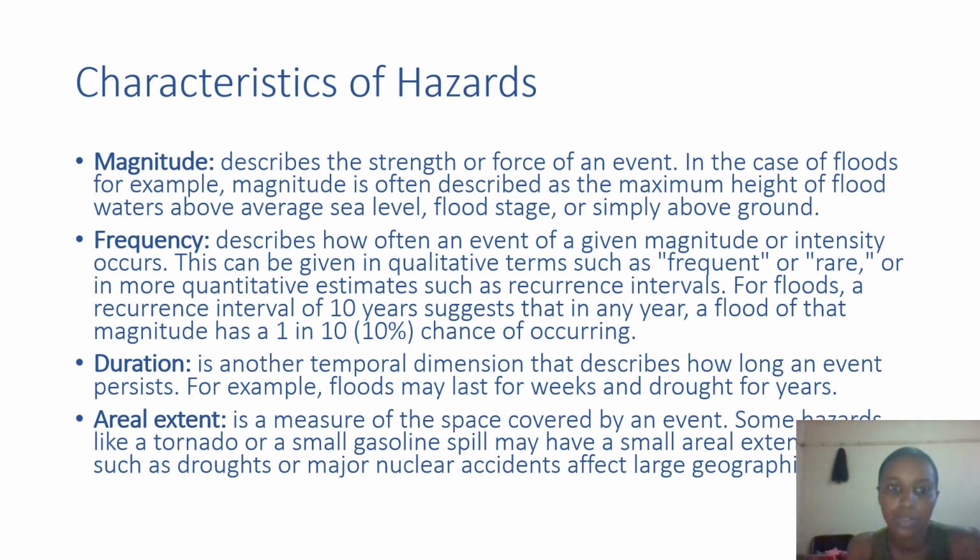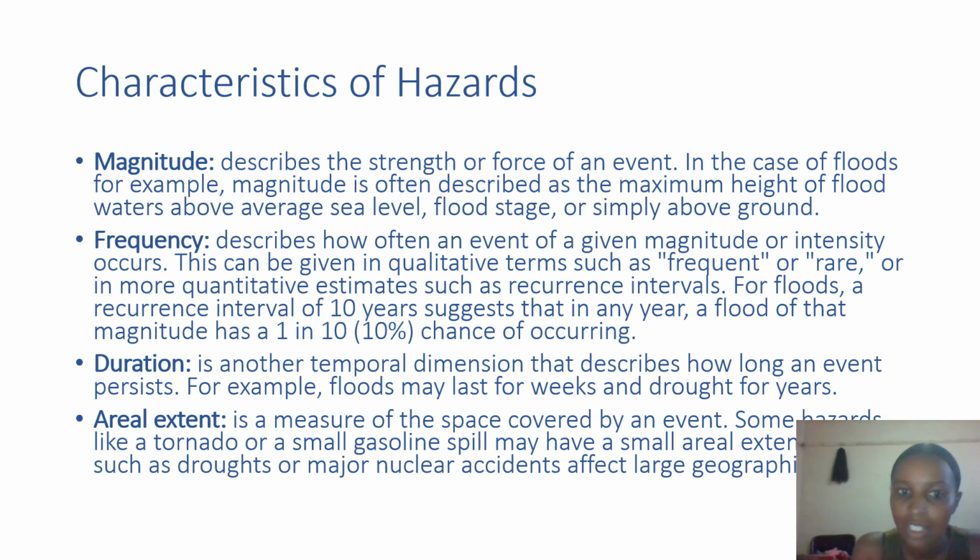We have the other characteristic, which is duration, another temporal dimension that describes how long an event persists. This is the time it takes before it disappears. For example, floods may last for weeks, while droughts may last for years.